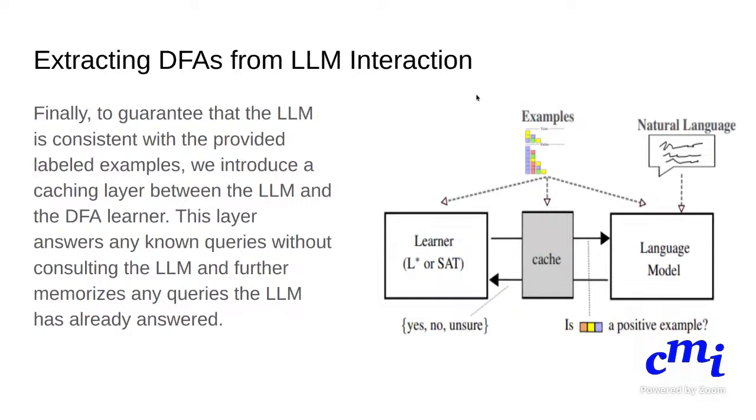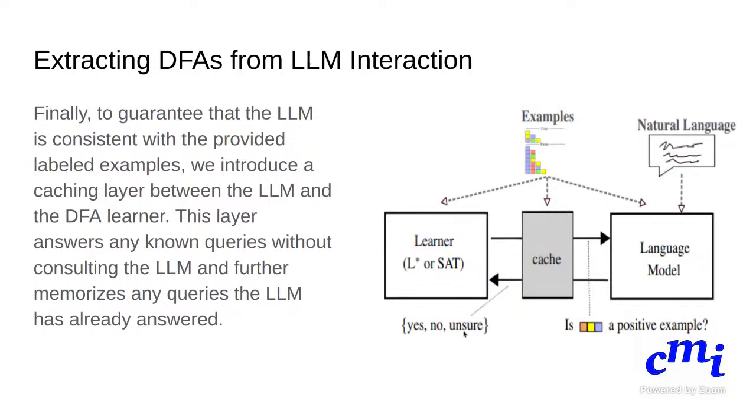So this is the picture that will explain what we looked at in the previous slide. We feed natural language prompts to the large language model, and we feed positive and negative examples to the learner and the LLM. We maintain a cache layer to keep the memory of what membership queries the large language model has answered.